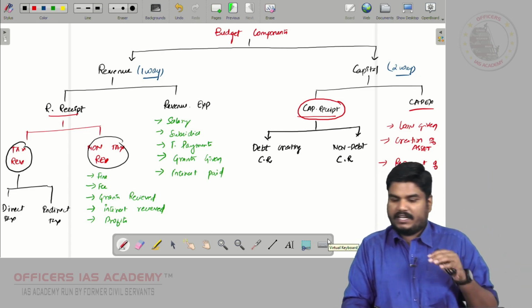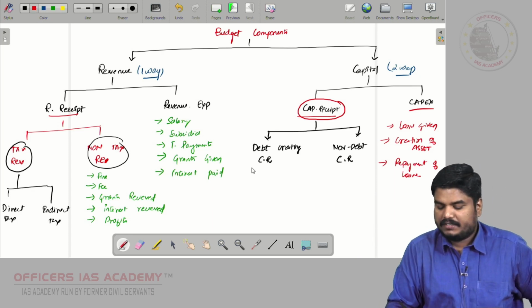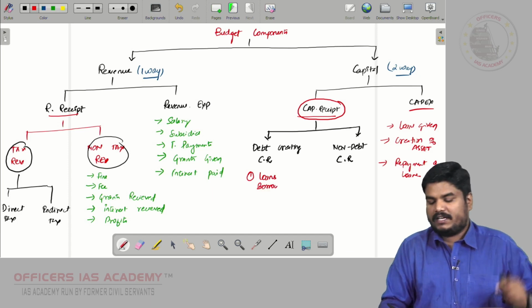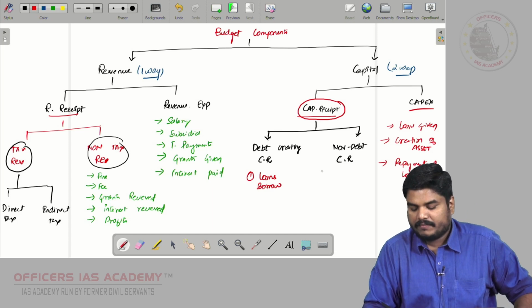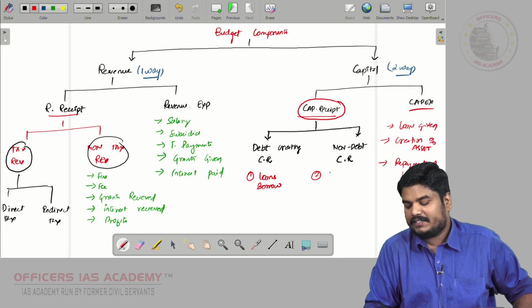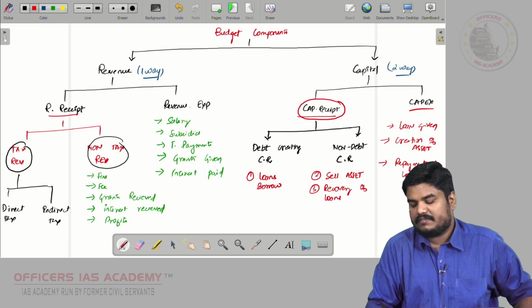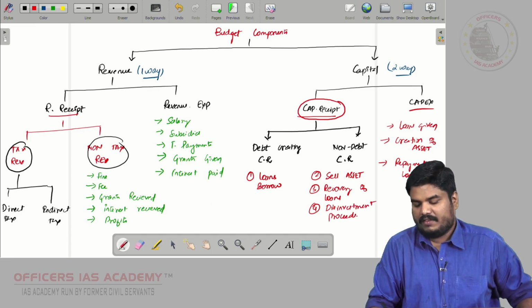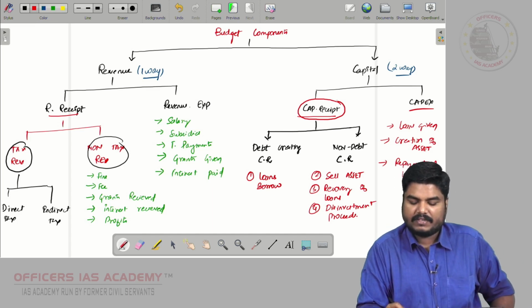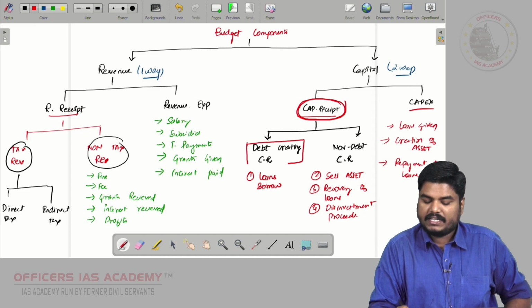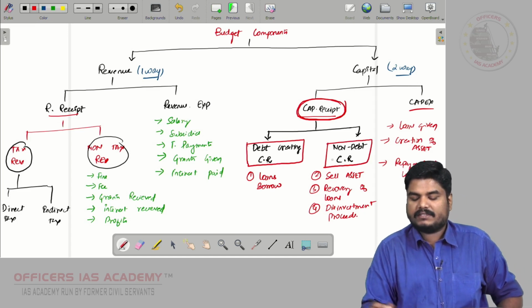Certain capital receipts are creating debt, for example, loans borrowed. When you borrow a loan, that is creating debt. But non-debt creating capital receipt, when you sell an asset, that is not going to create any liability. Recovery of loans, disinvestment proceeds.